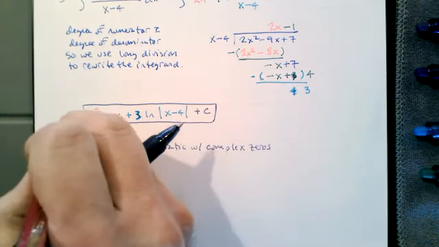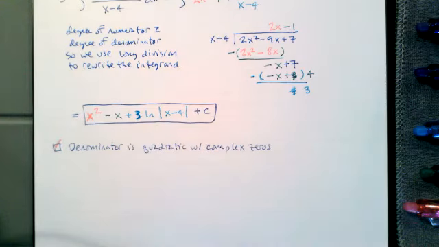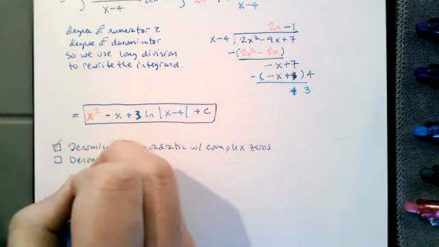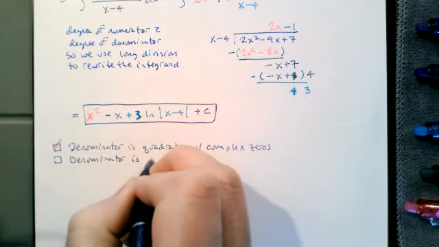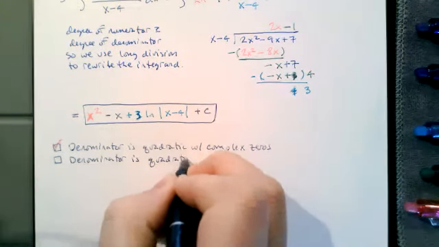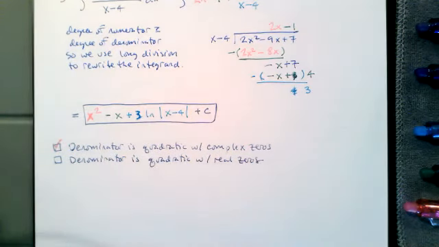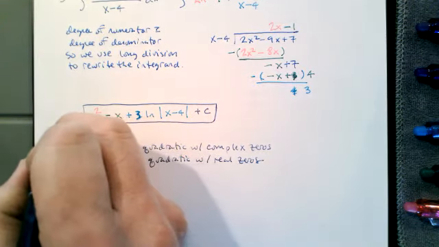The next case we want to deal with is that the denominator is quadratic with real zeros. That's next step. Next phase, denominator is quadratic with real zeros. And then after that, what if the denominator is more than quadratic? We've also dealt with the degree of the numerator greater than the degree of the denominator.